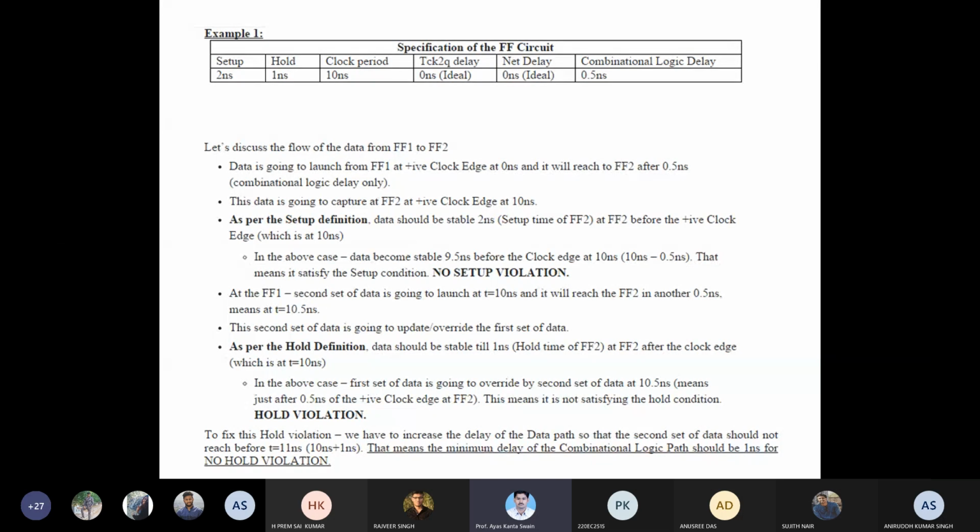It is in bold letters. It is showing there is no setup violation in this particular specification of the flip-flop circuit. So, do you agree? Are all of you agreeing to this? Give some time, because if I keep on telling, you will only listen, but if you trigger your mind you will learn more.